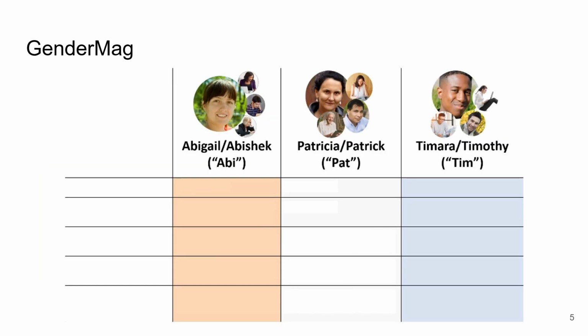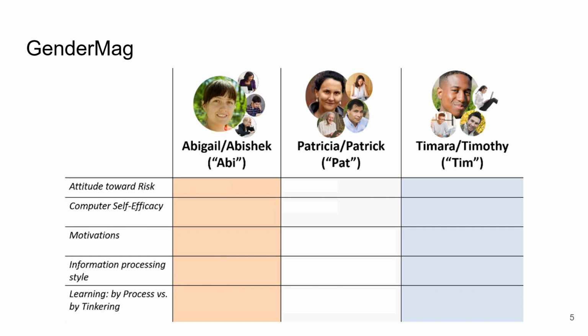Well, the inclusive design method we leveraged for our approach was the Gender Inclusiveness Magnifier, or GenderMag method. GenderMag is an evidence-based method that uses 3 personas: Abby, Pat, and Tim. Each of these personas has a set of 5 facets that capture the way people problem solve when using technology.